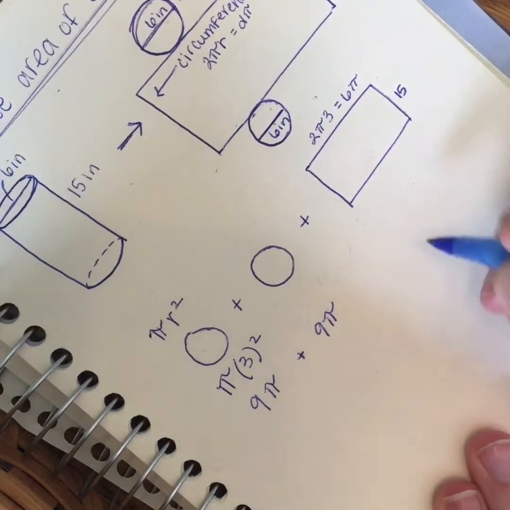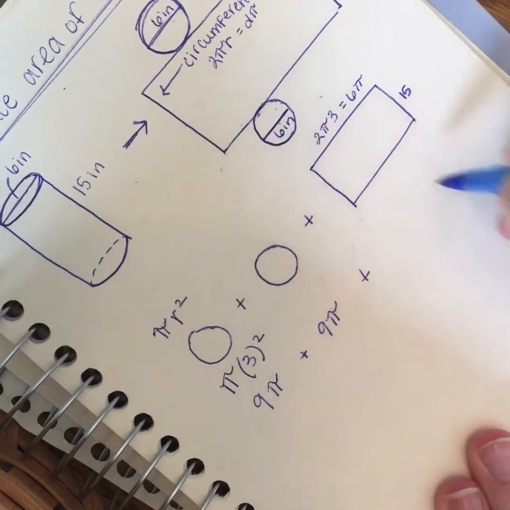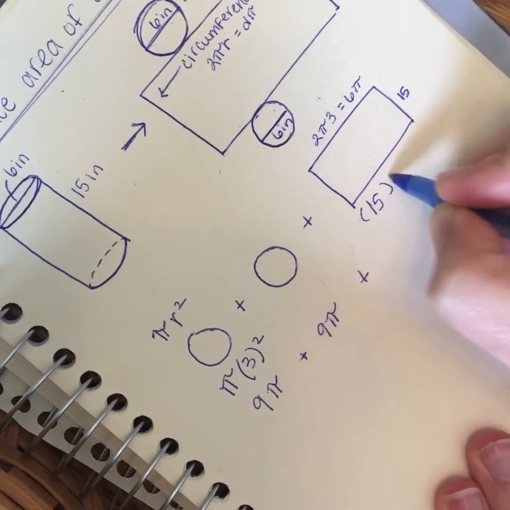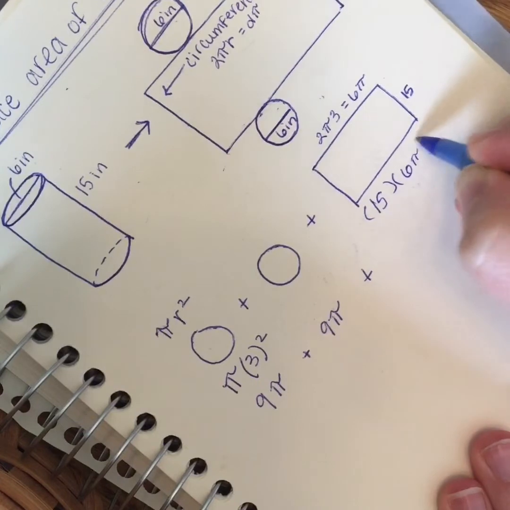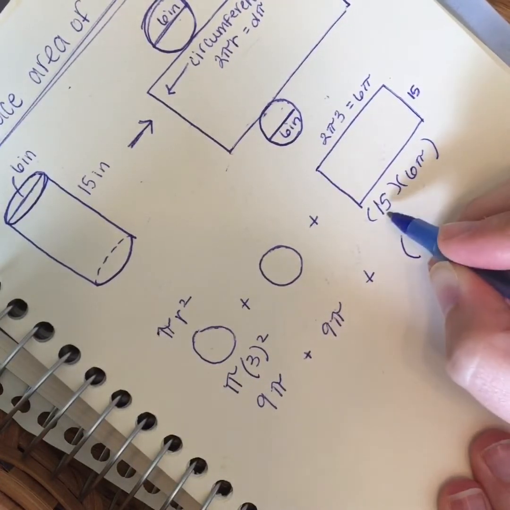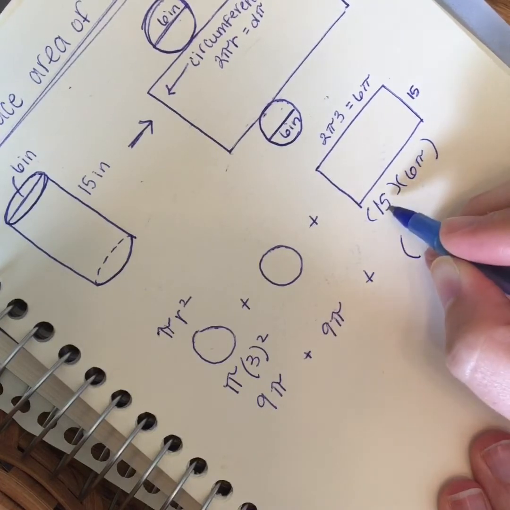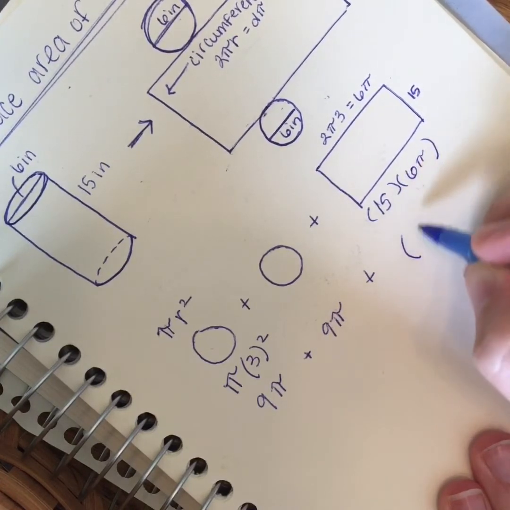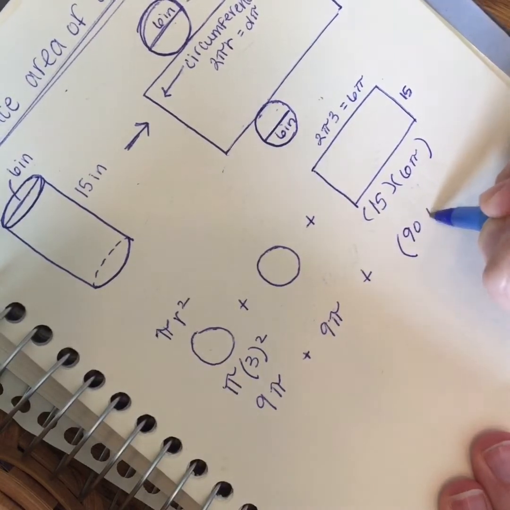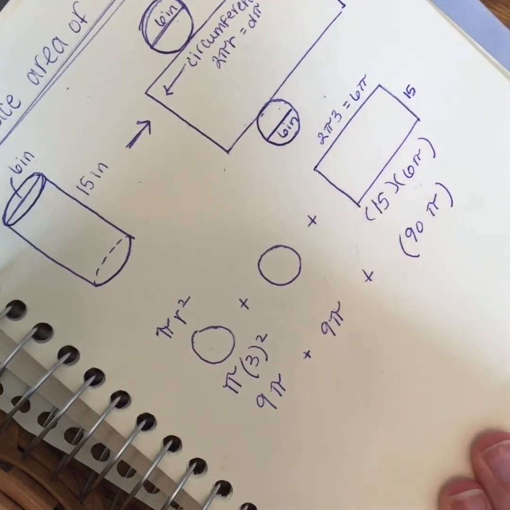So this rectangle has an area of 15 times 6 pi, which is the same as, let's see, 30, 60, 90 pi.